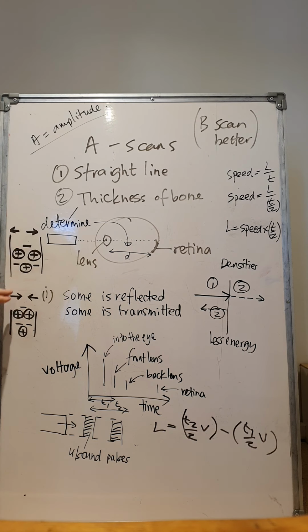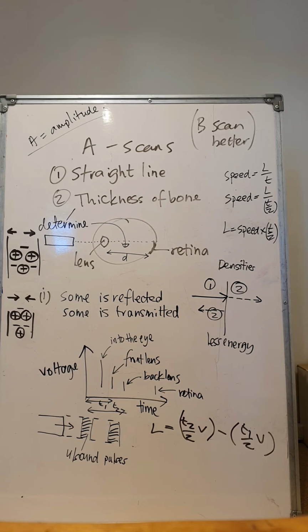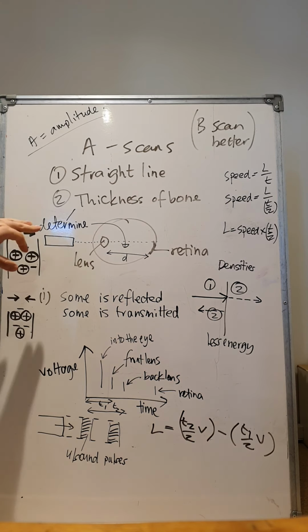If you look at this diagram, if you were to stretch the crystal, you would end up with a negative charge at the bottom and a positive charge at the top. If you were to contract, so if you were to squash it, the negative would be at the top and the positive at the bottom. So if you contract and expand the crystal, you end up with a voltage, and it will be an alternating voltage.